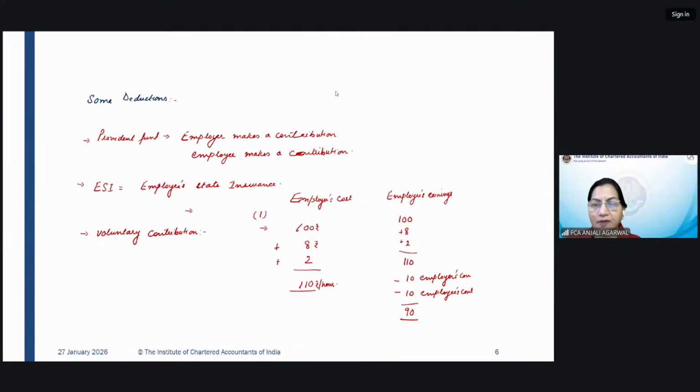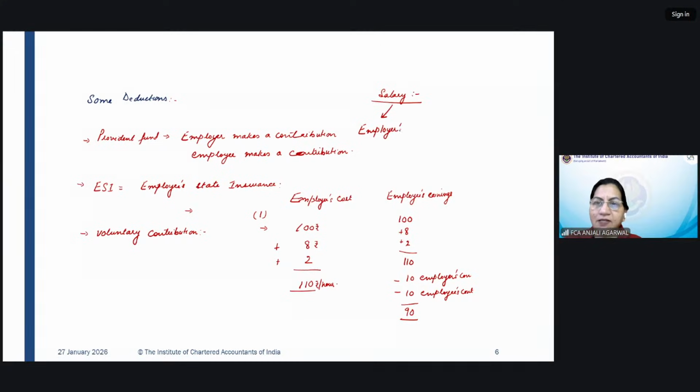Okay, you have a salary. There is a request to explain again the deductions. So on this salary, the employer may make a contribution from his own pocket.